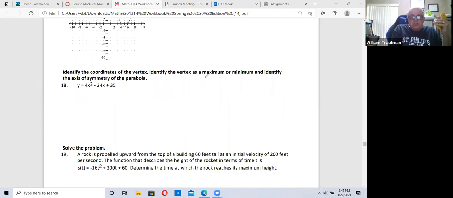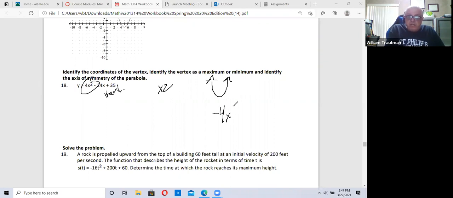So find the vertex to see where it's at on the graph. And since this is an x squared graph, make sure you're also looking at the graph that has a parabola facing up. If it was negative 4x squared, it would be a parabola facing down with the vertex on that spot.